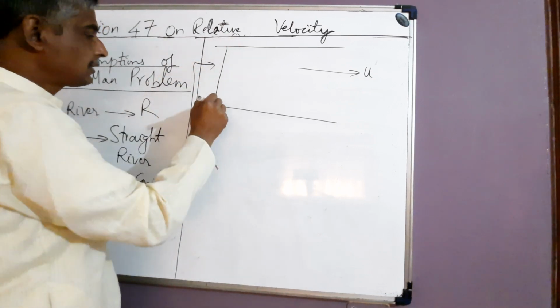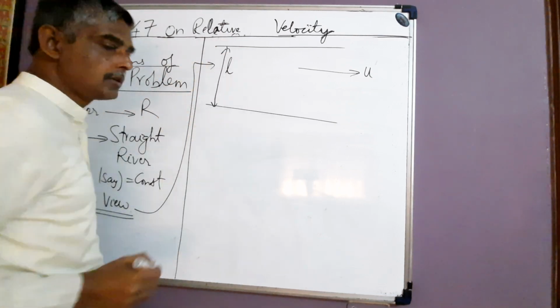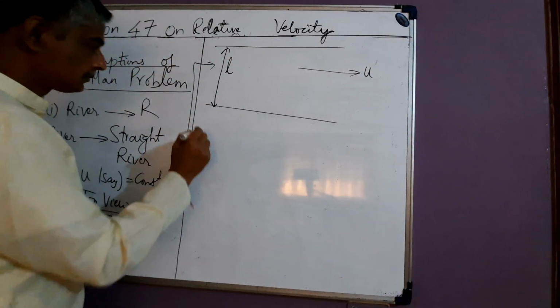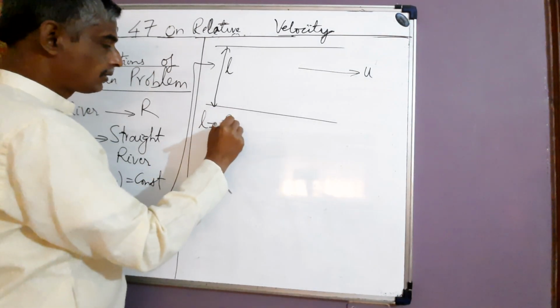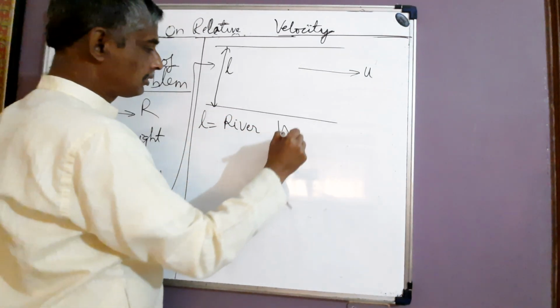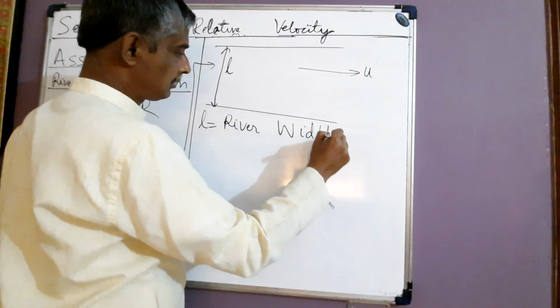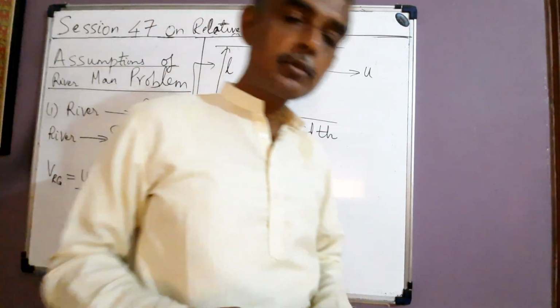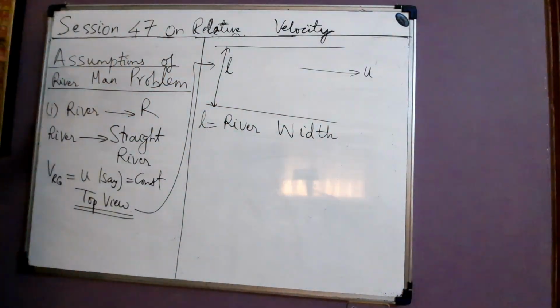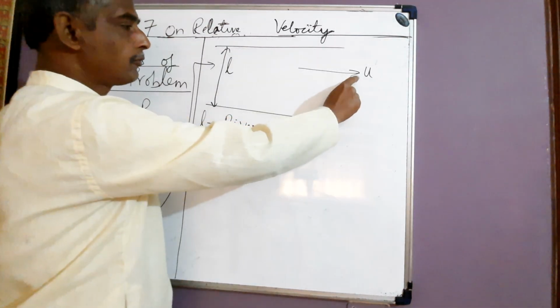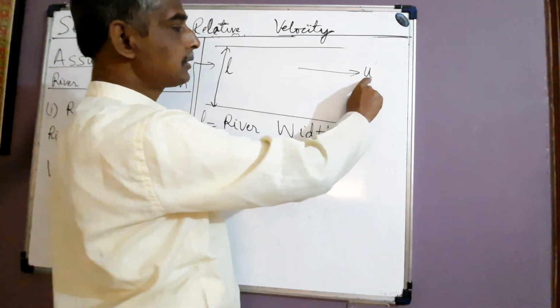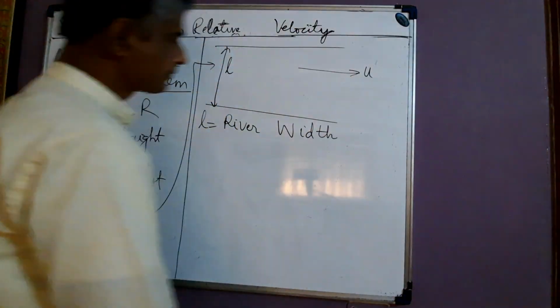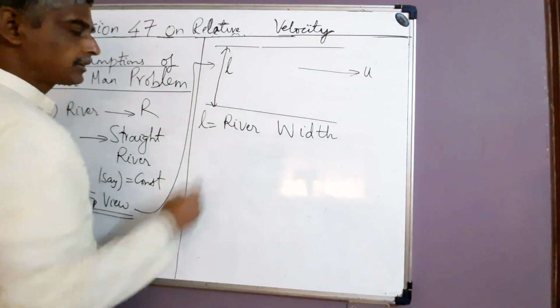And width of the river is assumed to be L. L is the width of the river. U is the uniform constant flow velocity of river with respect to ground.